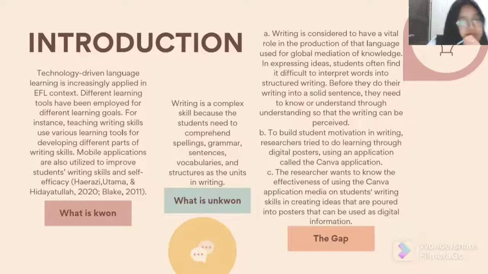Hairazi, Utama, and Hidayatullah said that mobile applications are also utilized to improve student writing skill and self-efficacy. The unknown thing is that writing is a complex skill, because the student needs to comprehend spelling, have good grammar, good sentences, much vocabulary, and the structures as the units in writing. So we can conclude the gap in the study.